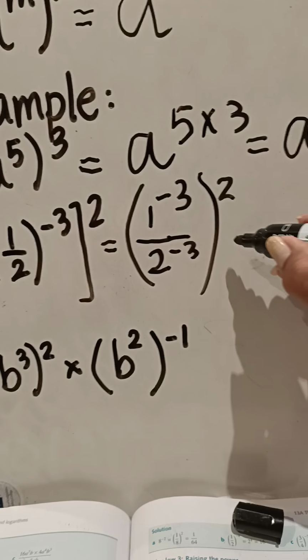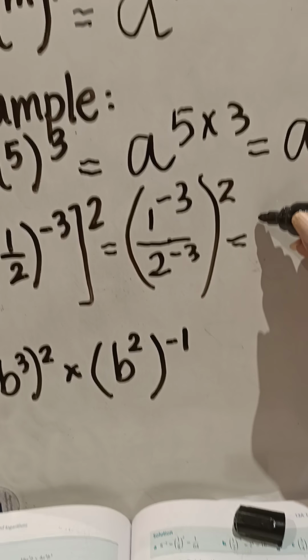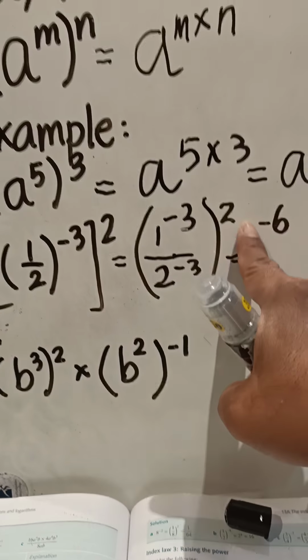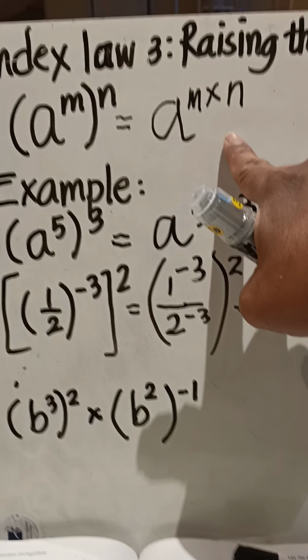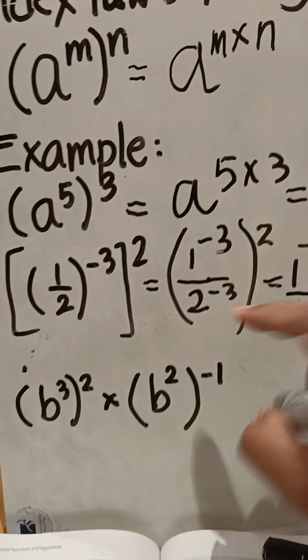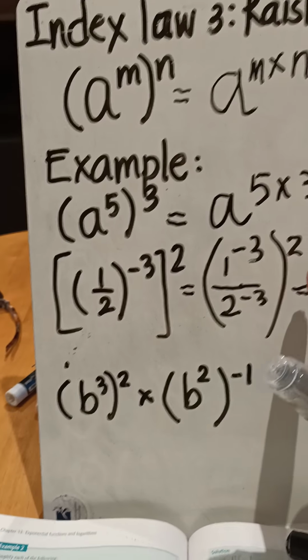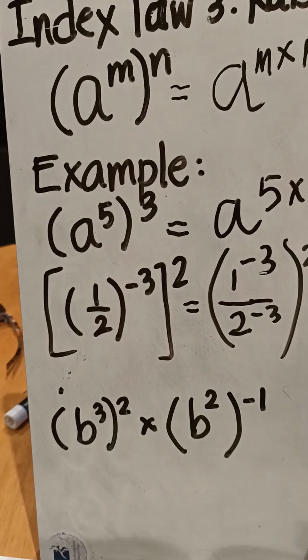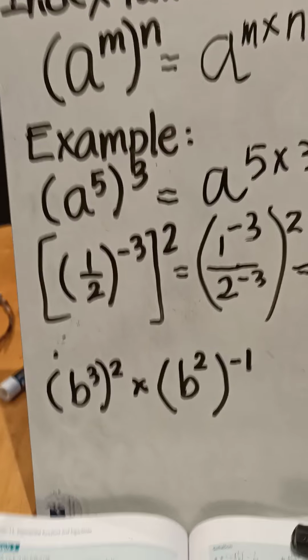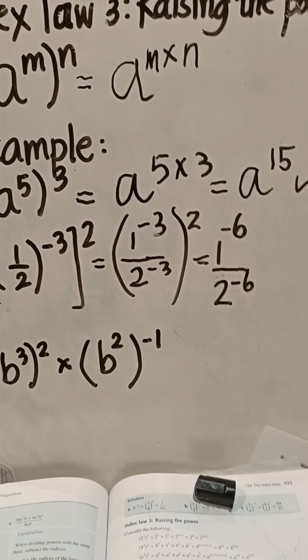If you simplify that, you'll have 1 to the negative 6, multiplying negative 3 times 2 per the law that we established a while ago, and divide that with negative 3 times 2, which would be 2 to the negative 6, right?